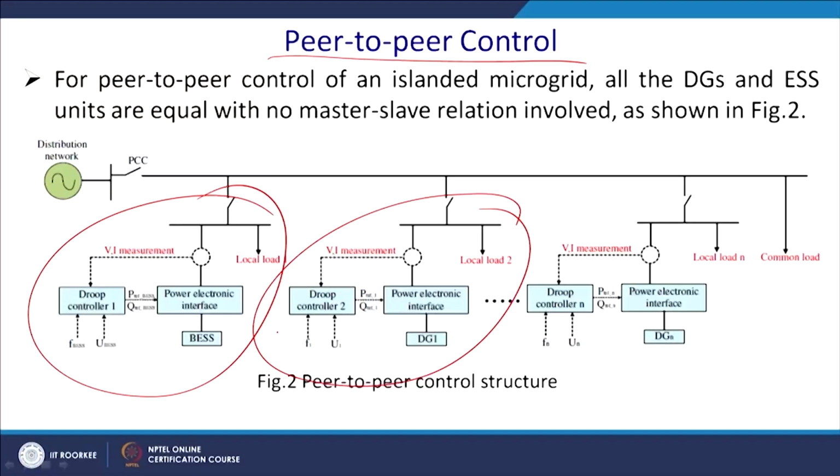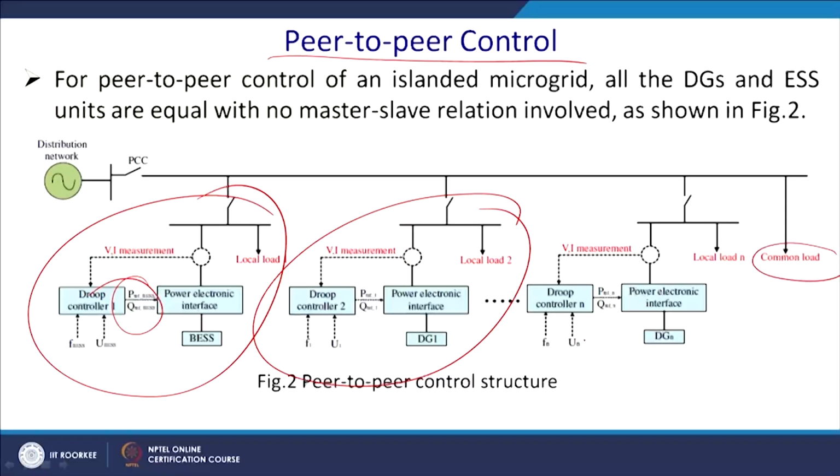Whenever there is islanding mode, you have a local load and generally you have a droop controller, and that will actually talk with the power electronics interface, and thus you may have a PQ control and you may have an energy storage and you will feed the local load. Same for here, there is another nanogrid, so it will talk with each other and ultimately will form another small nanogrid, and there can be a common load.